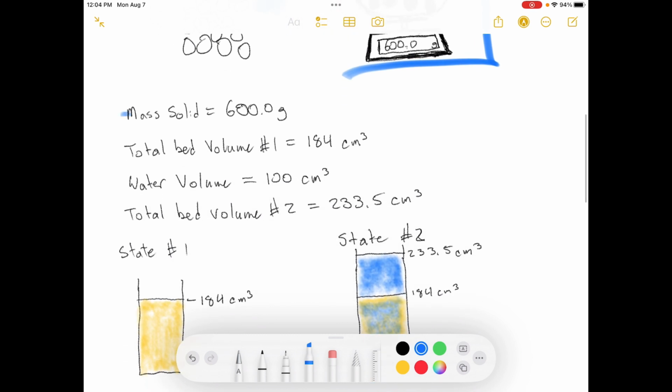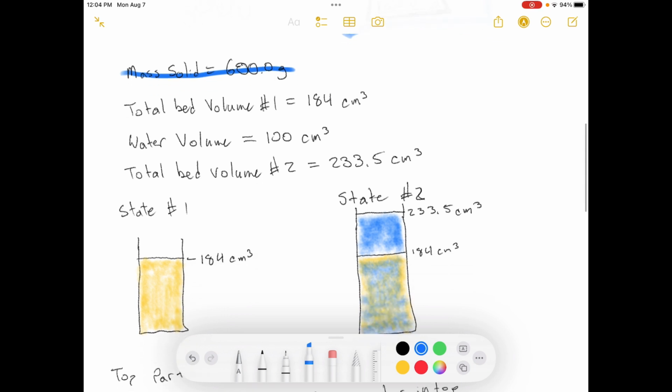Given that we've got a mass of solids that's 600 grams, what does the total bed volume look like in state 1? Well, the total bed volume is 184 centimeters cubed. But then you have a certain amount of water. 100 centimeters cubed of water is poured into this vessel, right?